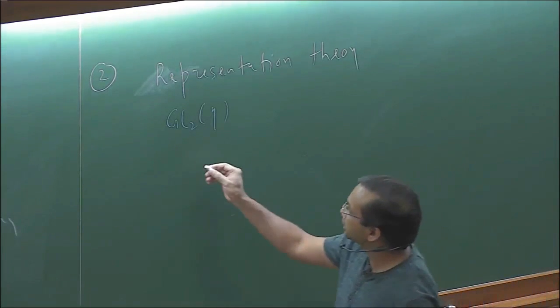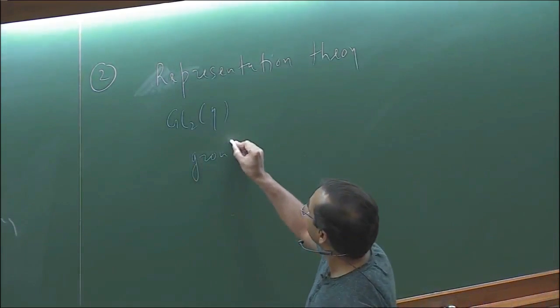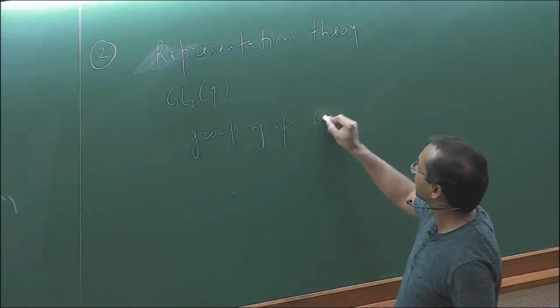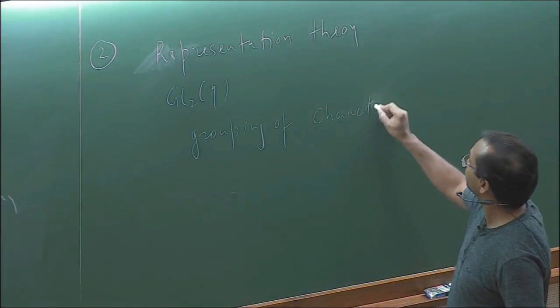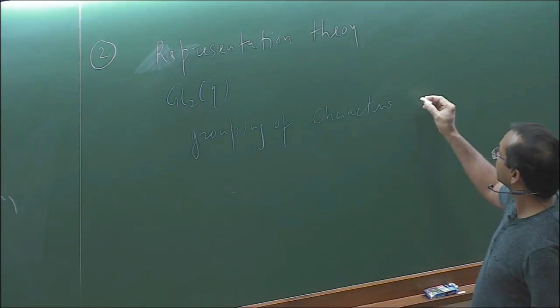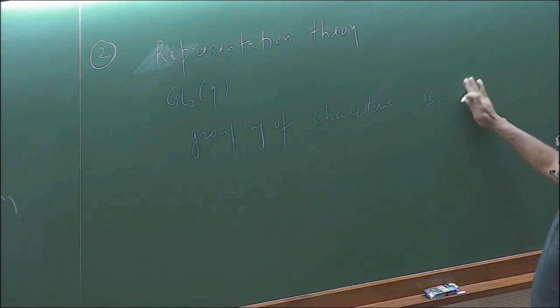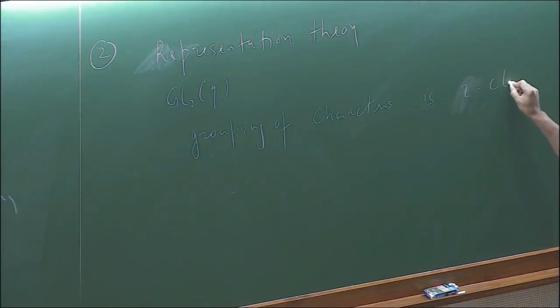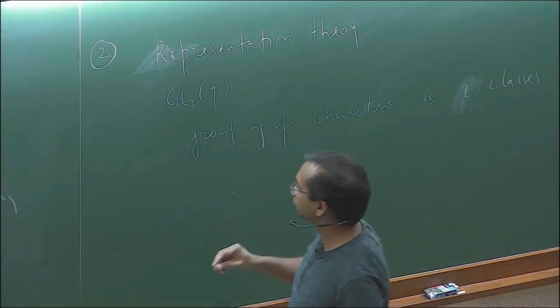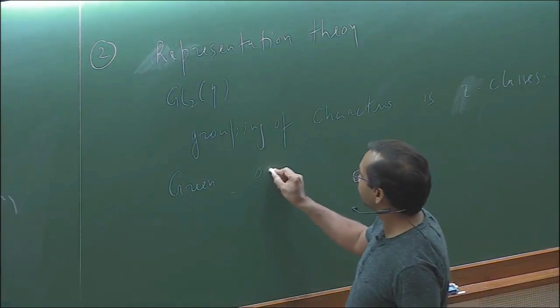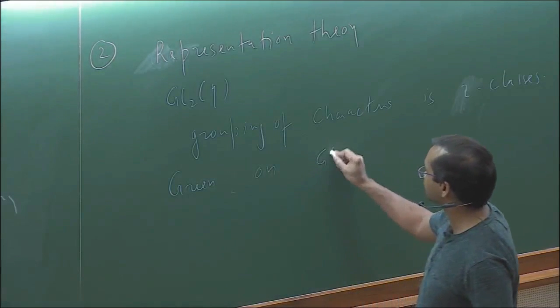That grouping of characters is related to G-classes. This was noted by Green in the paper on GL_n(q) representation theory.